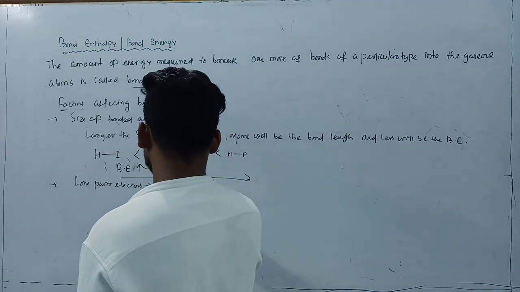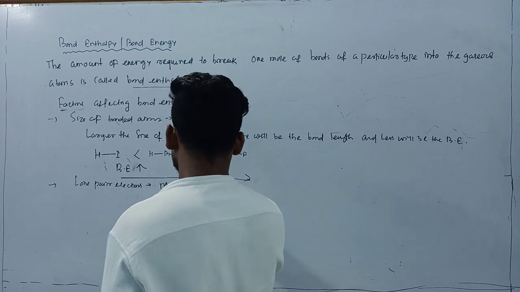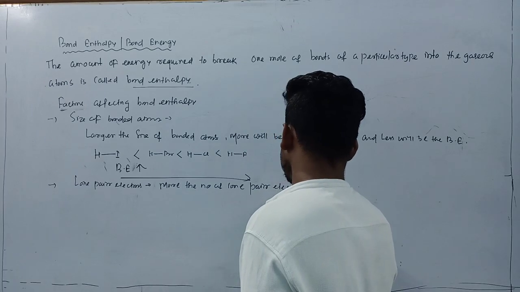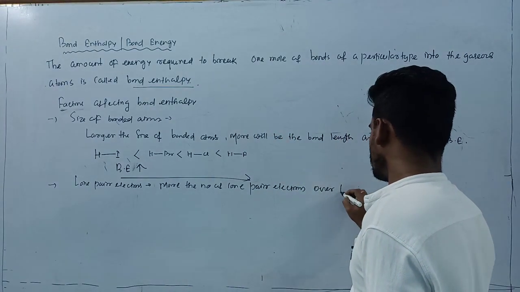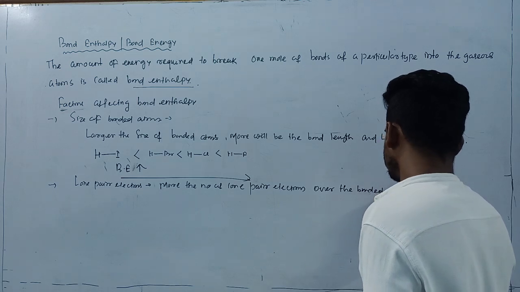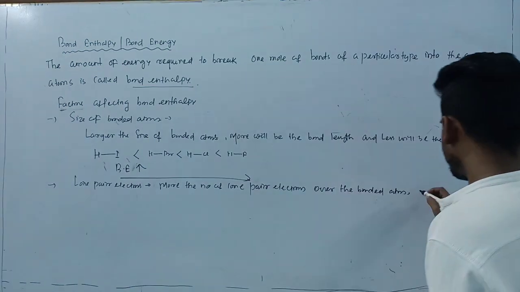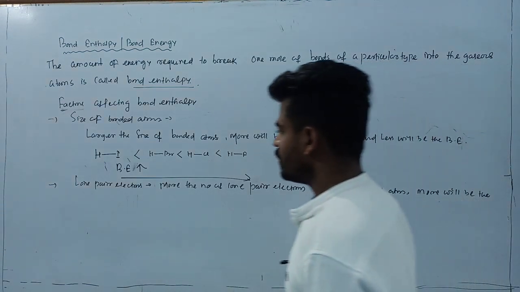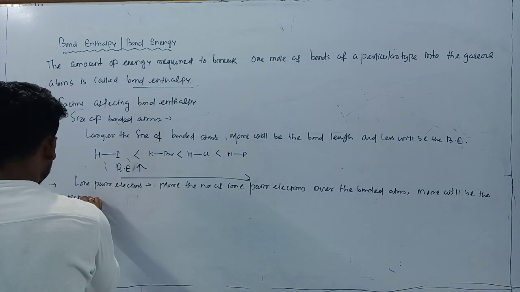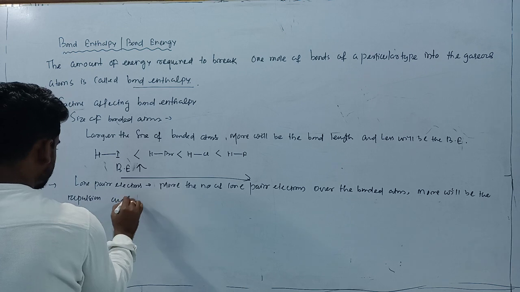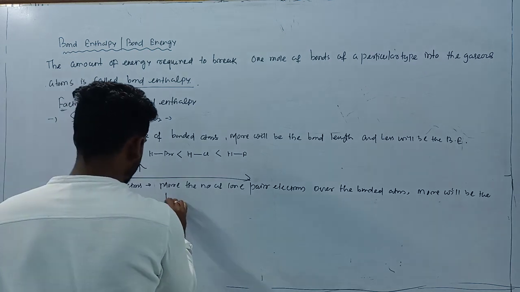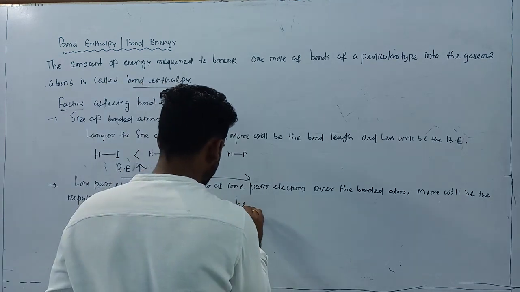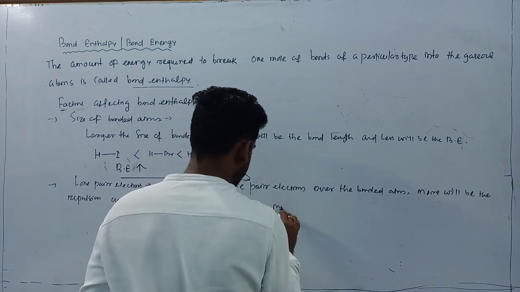The more the number of lone pair electrons over the bonded atoms, the more will be the repulsion, and hence bond enthalpy becomes minimum.